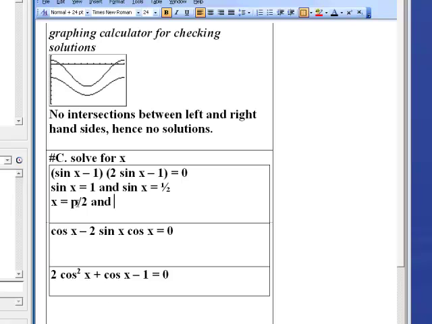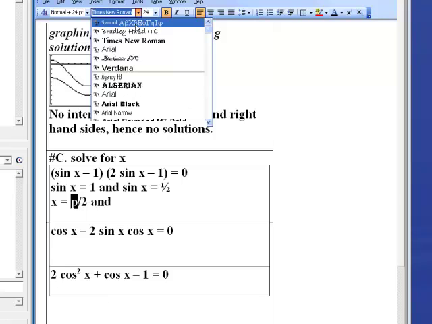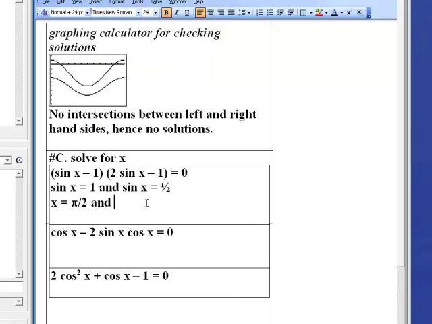And then the other one, of course, this one here I changed to pi. There you go. And the other one is the reference angle comes out to 30 degrees and 150 degrees, but I'm in radians, so it's going to be pi over 6 and 5 pi over 6.